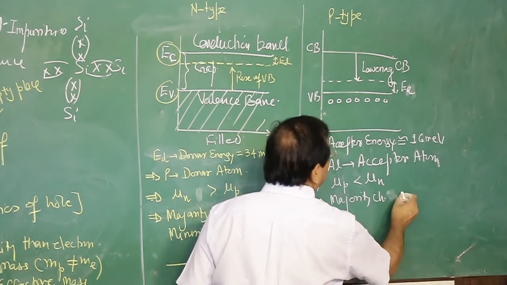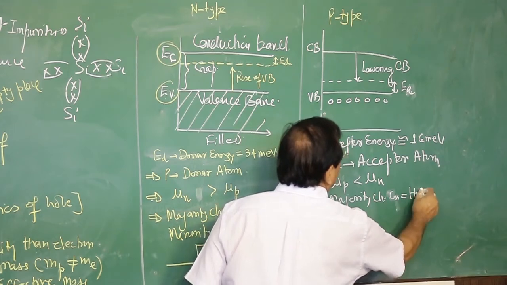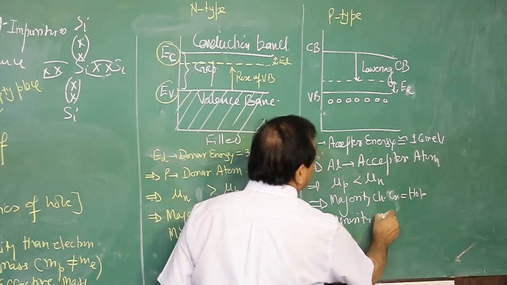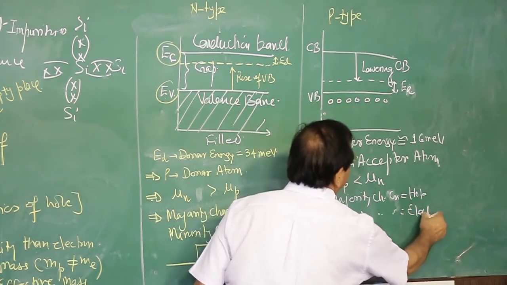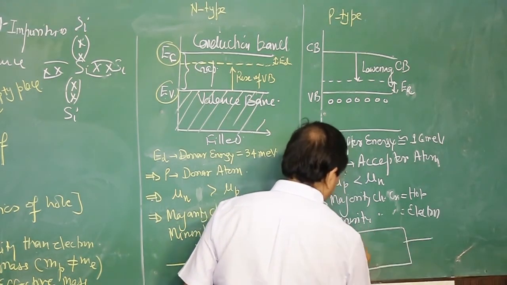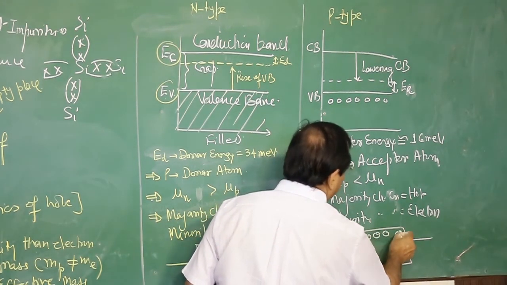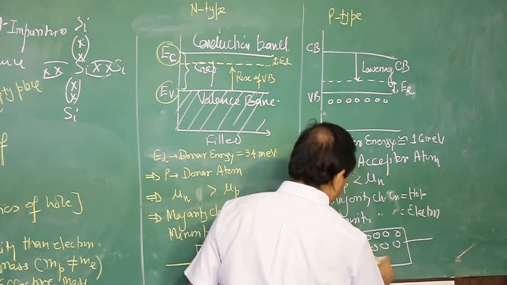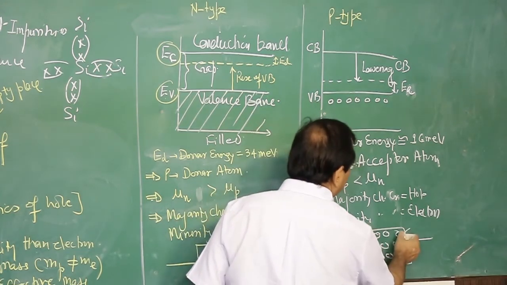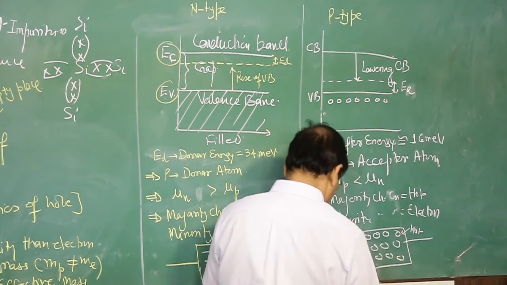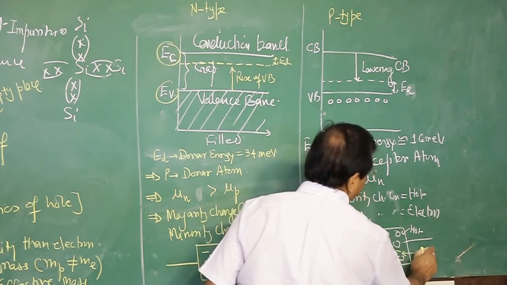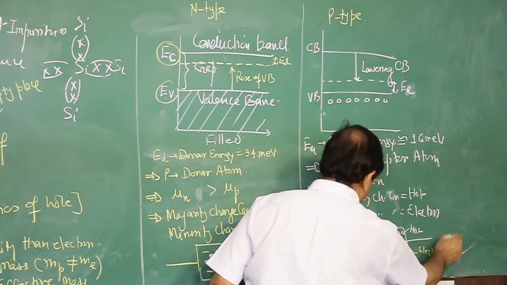The minority charge carriers are electrons, and this crystal structure is something like this. These are the holes. Holes are the majority charge carriers, and here there are some electrons, and these electrons are the minority charge carriers.